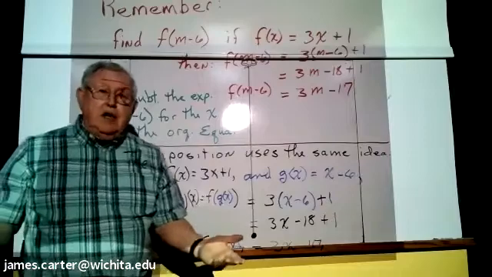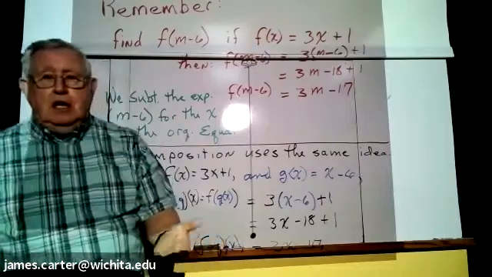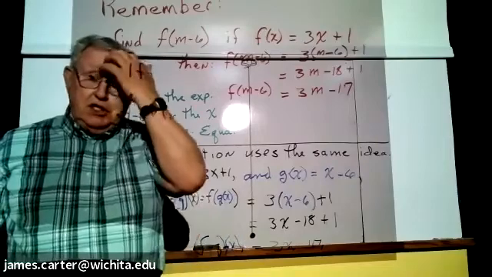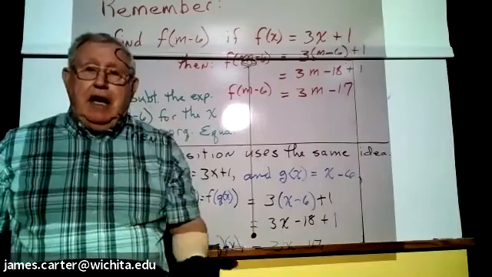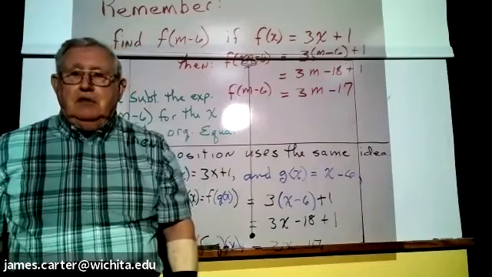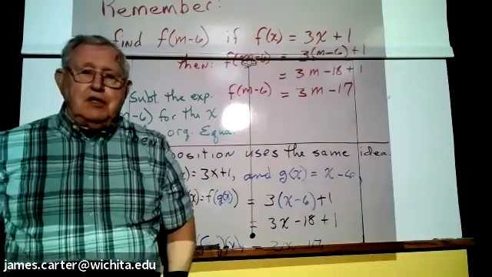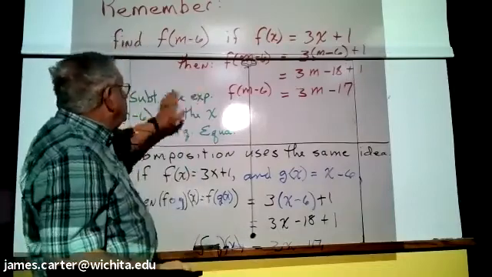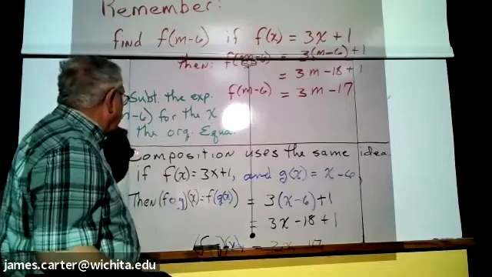Now, that's all that composition really is. A lot of people get confused about the difference between composition and adding and subtracting, just doing the operations on functions. But composition is basically a substituting of one into the other.